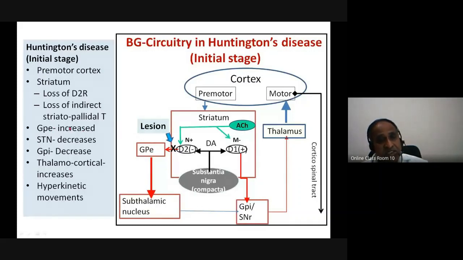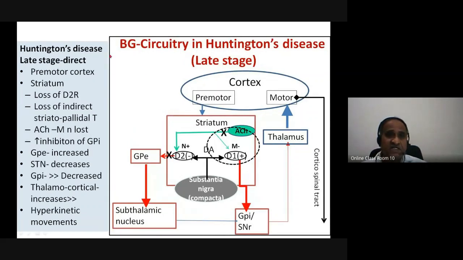Now, what is happening? The GPE output is increased, and that decreases the subthalamic nucleus output, and that decreases the GPI output, thus increases the thalamocortical output. So that produces the hyperkinetic motion. That's the beginning of the story. That is the first time he starts demonstrating the signs of Huntington disease.